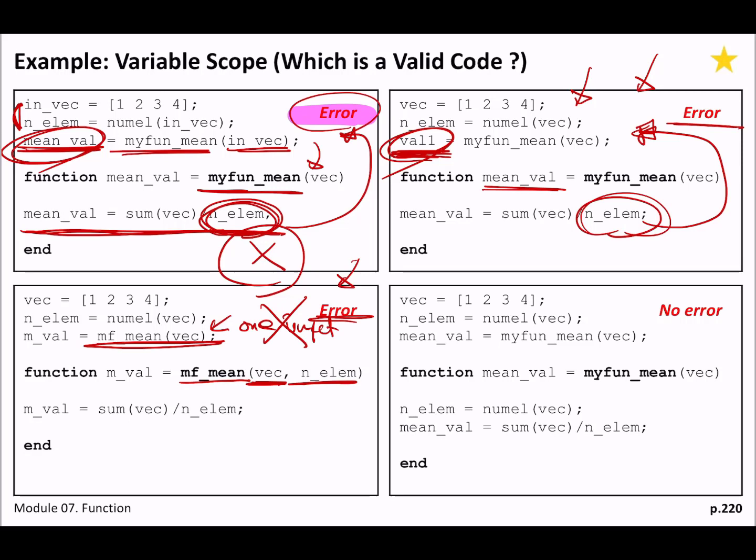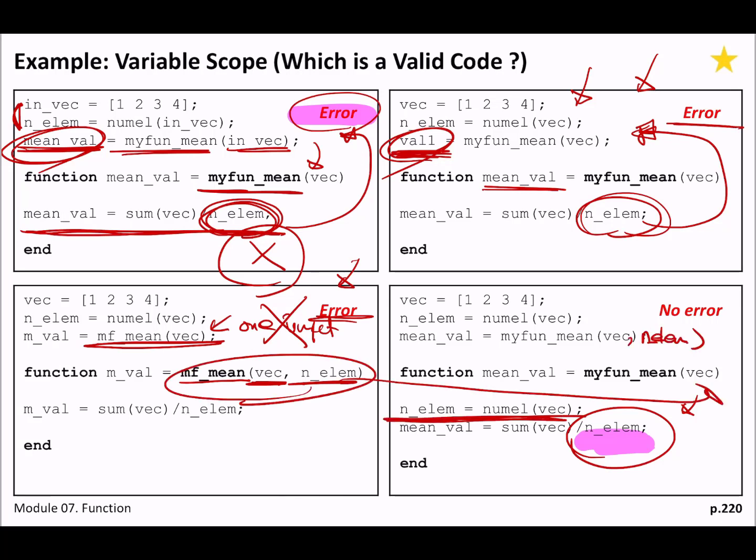Okay? The final code is a working code. Since we cannot access an element unless we set it up as an input argument, we need to recompute the element inside of your function. Okay? Like this. That's it for today.